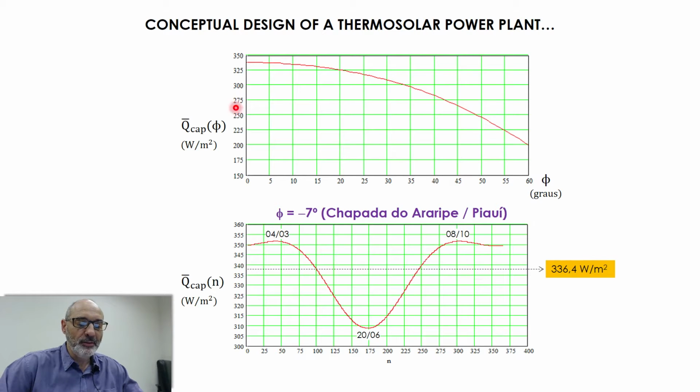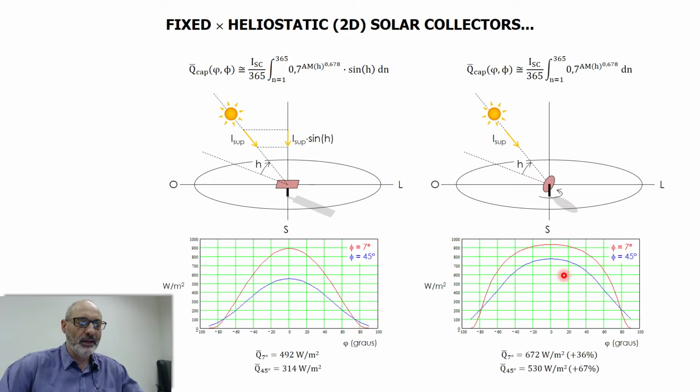And if we calculate the average number, which is the same here actually, 336.4 watts per square meter. This is the average amount of energy in Chapada do Araripe, Piauí, during the year, but disregarding effects of clouds and dust and so on. Is there any doubt on this calculation here?